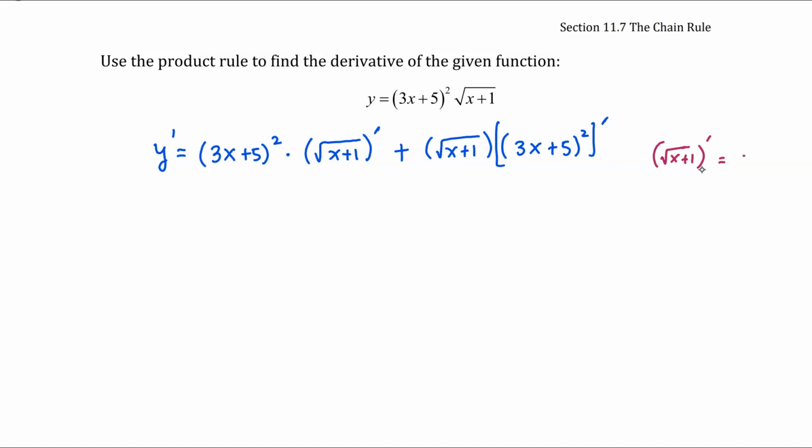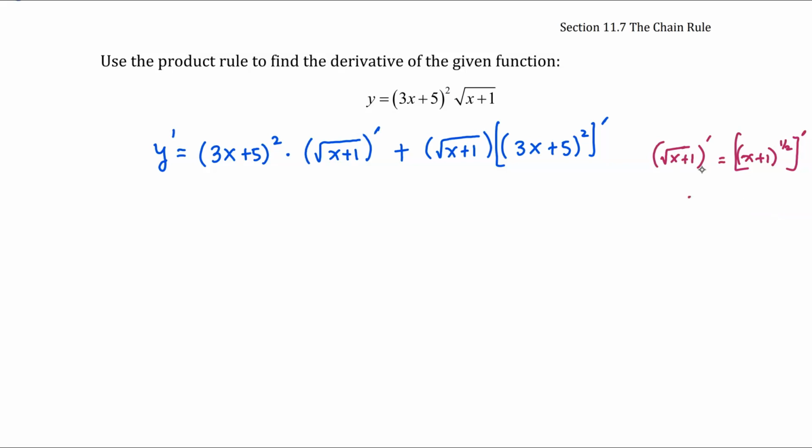So we will write this as (x plus 1) to the 1/2. So in effect, we will differentiate (x plus 1) to the 1/2. So we'll differentiate this.